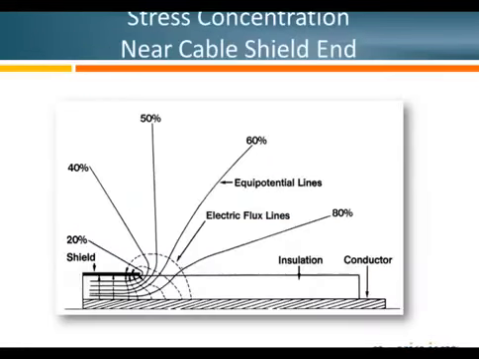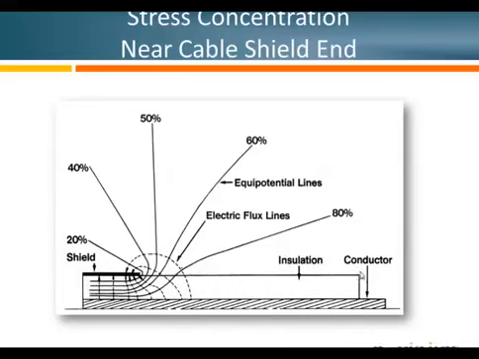So we're going to start with electrical stress theory on the cable. And this is a typical insulated, shielded power cable, where you have your conductor, your insulation, and your insulation shield on the outside. Whenever you go to splice or terminate this cable, you obviously have to remove some of that insulation shield, because you can't just have ground here and high voltage on your conductor.